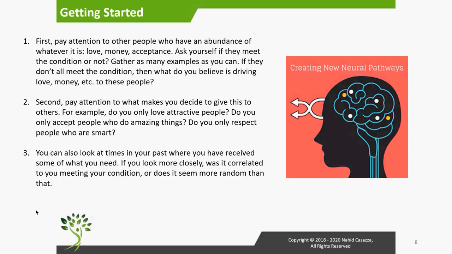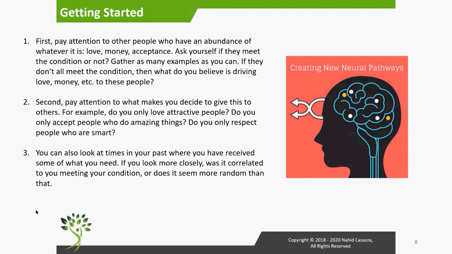So the idea is you have got to gather enough evidence so that your brain actually makes a decision that the belief that you had before actually isn't the whole truth, and decides on a new truth. And you're only going to do that by making observations and basically relearning what it takes in this world to get those needs met. And that is a process. It's not going to happen right away, but it's not going to happen at all if you don't do it deliberately. So I've given you 3 initial things to look at.